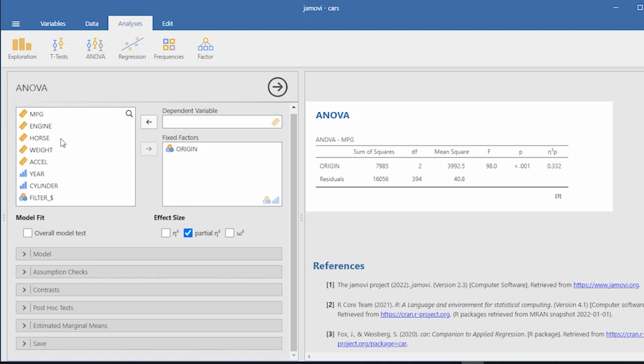If you'd like to look at horsepower, you could see it is 24, which is less. It's still a significant difference between the three of them, but still less.